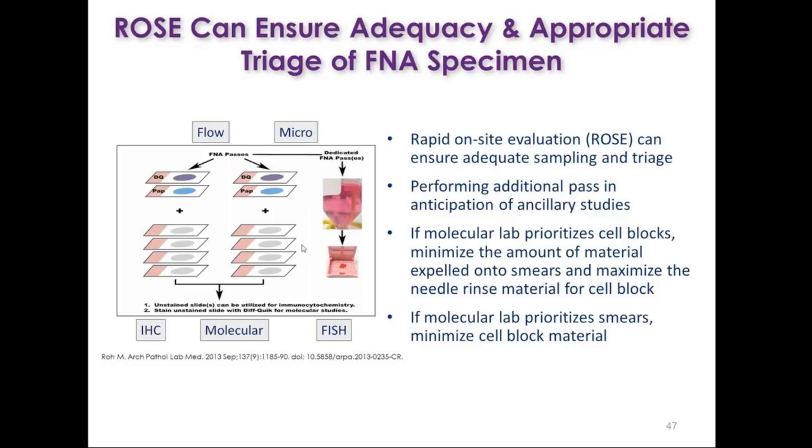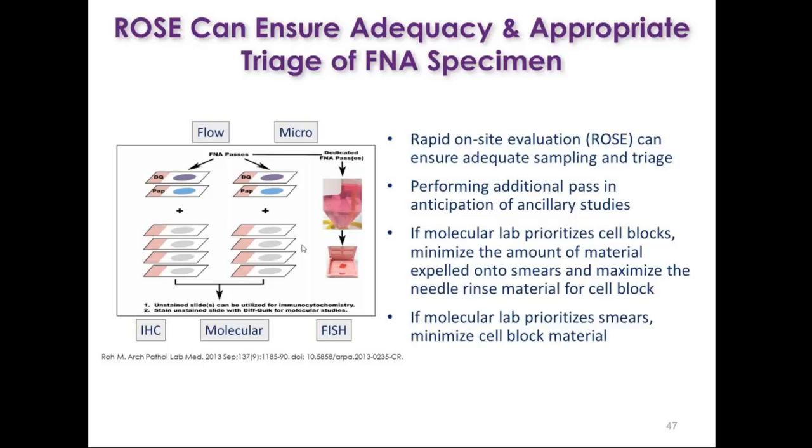What about ROSE? Rapid on-site evaluation, as I mentioned, can be done at the time of the FNA procedure, and it can ensure that you're collecting an adequate sample, as well as ensure that you're triaging the sample adequately. So if I have an FNA procedure and I see a lot of neutrophils, I will ask the radiologist to collect in a sterile medium and send it for micro.